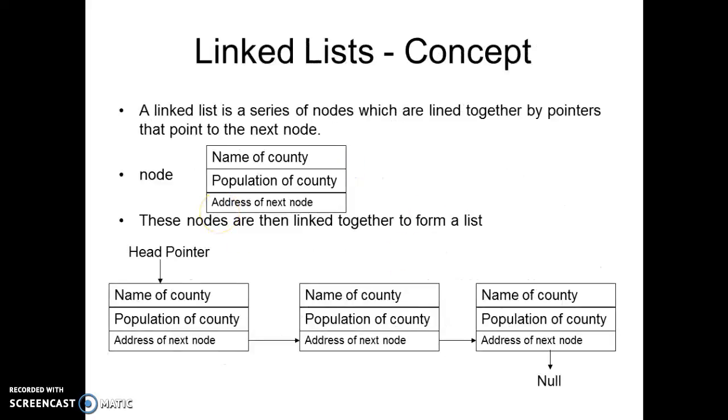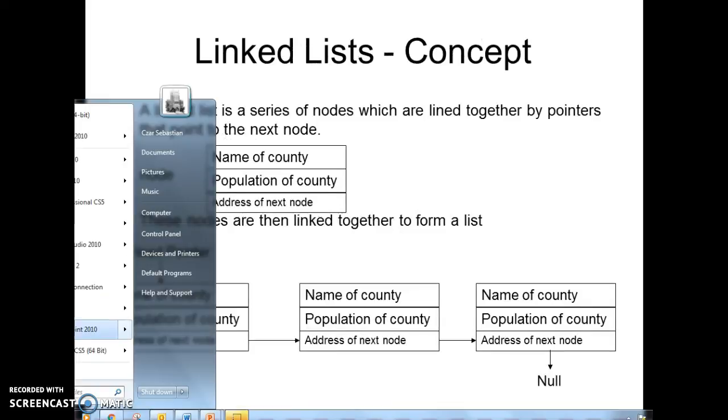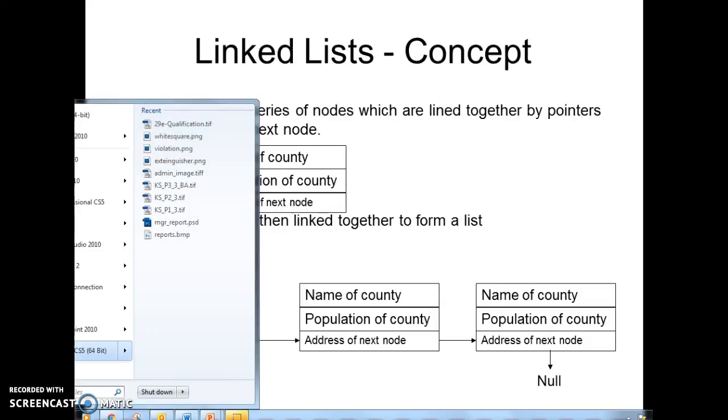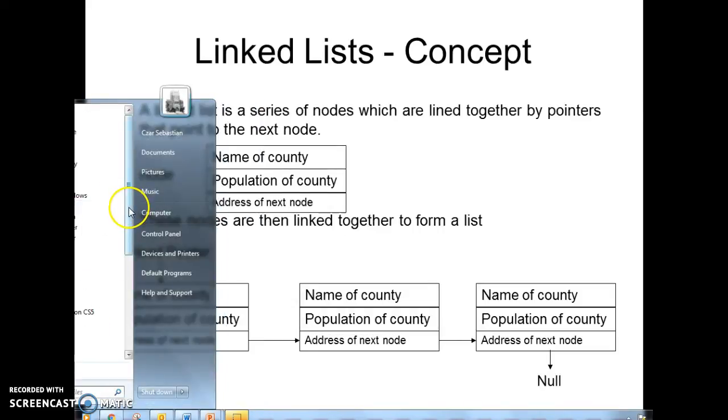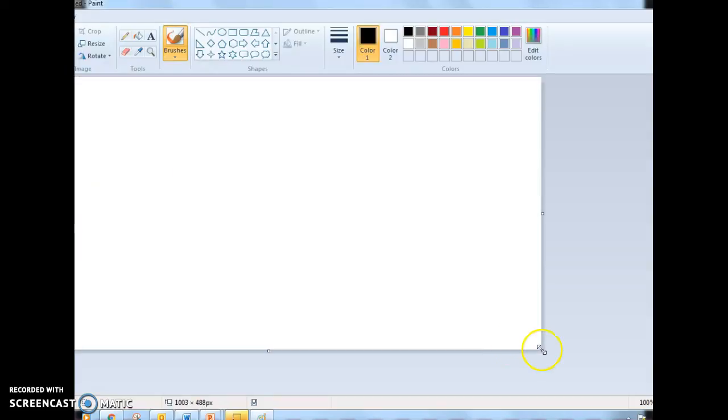Now, the way it works is when we create a head pointer, the beginning of our particular list, let me pull up Paint as an example to give us something to work with here. What goes on when we actually do our head pointer?